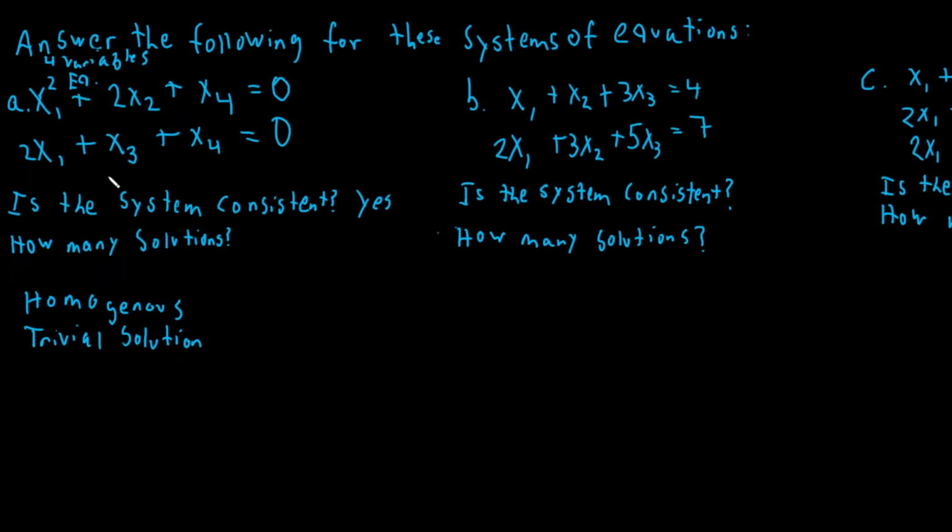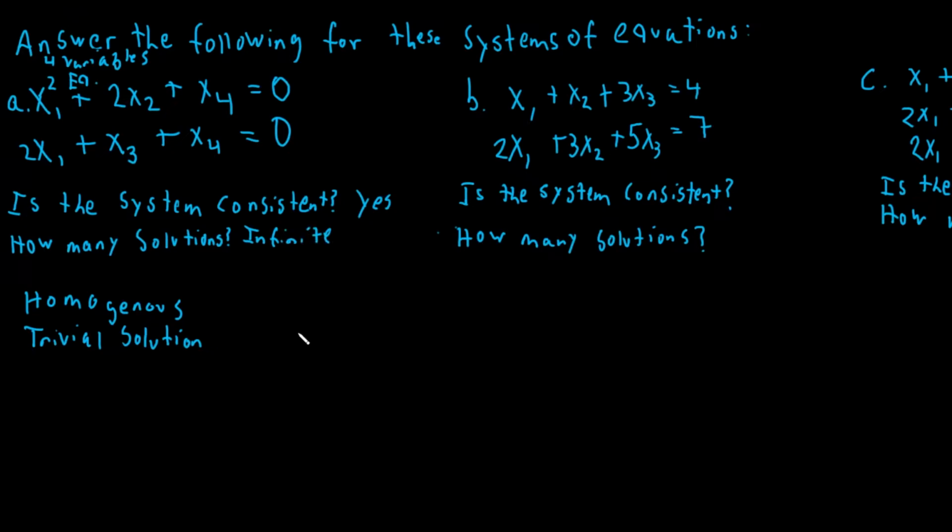The reason that this is important is because if we have more variables than equations in a system of homogeneous linear equations, then essentially we will always have infinite solutions. I'll repeat that because that's very important. If you have more variables than equations in a homogeneous system of linear equations, you will always have infinite solutions. So the answer to this question is infinite.